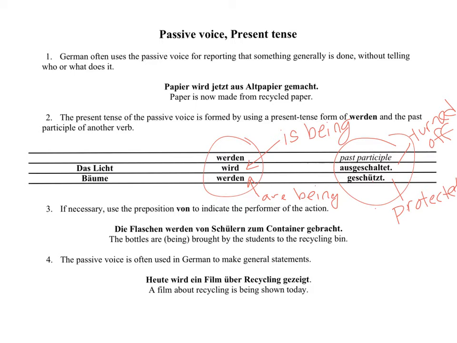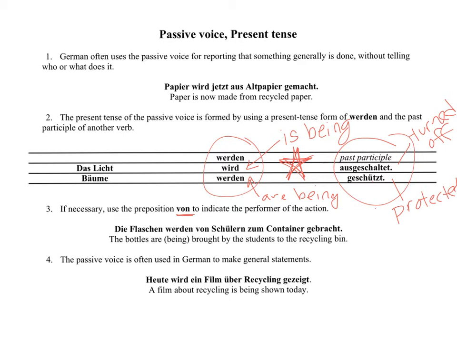You want to use the preposition von to indicate who is performing the action. And von, if you remember, is a dative preposition. So typical German sentence structure, you've got the subject, the verb, and then the second verb has to be at the end, which means that there is really one place where we can put our preposition von, which is going to be right here where I'm putting this star.